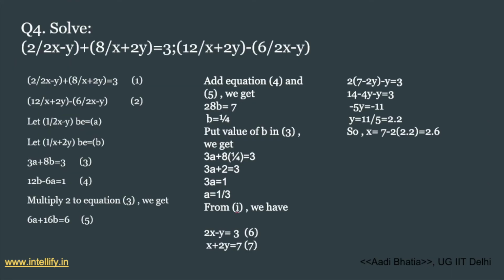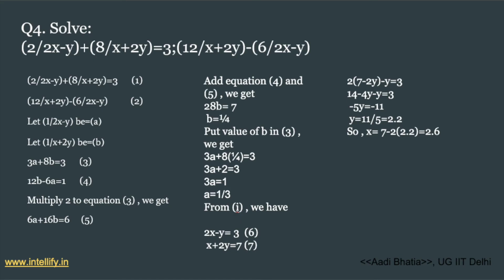Going to question 4. 2 divided by 2x minus y plus 8 divided by x plus 2y is equal to 3, and 12 divided by x plus 2y subtracted by 6 divided by 2x minus y is equal to 1.